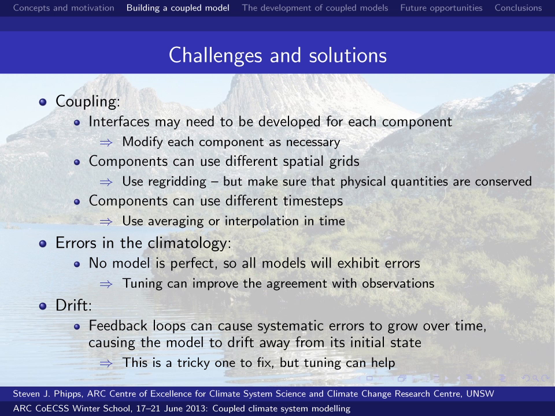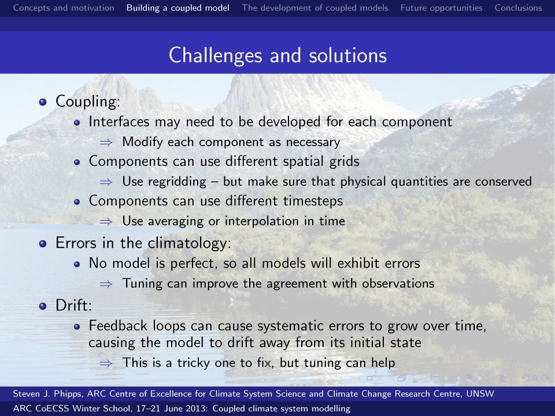Another issue is that components use different time steps. Atmosphere models generally use quite short time steps, maybe 10 minutes as they step forward in time. Ocean models might use something more like an hour. Land surface models can be even longer. So somehow you've got to deal with communicating between models where the atmosphere model steps forward 10 minutes at a time and your ocean model steps forward 1 hour at a time.